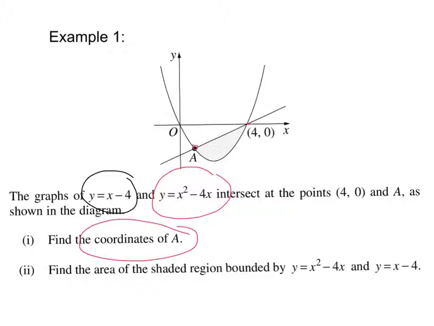First of all, to find the coordinates of a point of intersection between two lines, or a line and a curve, the y values should be equal. So we will have to put x minus 4 equal to x squared minus 4x and solve, as you will see in this slide.